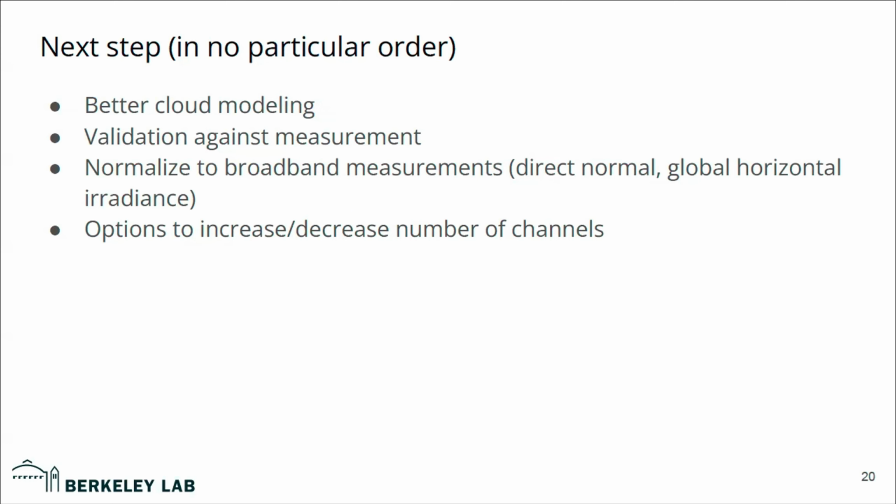Help welcome on that front. And then we want to also be able to normalize the entire sky based on a broadband measurement, such as direct normal and global horizontal irradiance, to calibrate the overall simulation results. And also we want to be able to add options to either increase or decrease the number of channels.